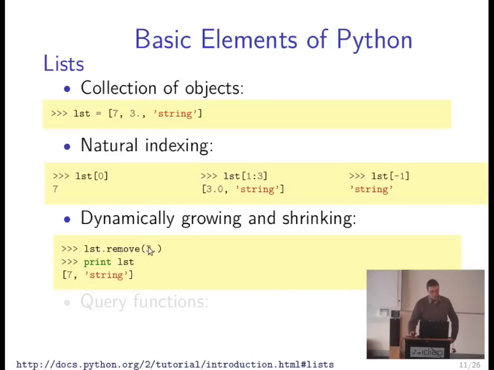When you try to remove an element that is not in the list, you will get an exception. But there are other functions in the list, for example, to pop, so you will get the last element. Push is not in Python, but there are more functions. Down here, there is a link where you can check all the functions of the lists.